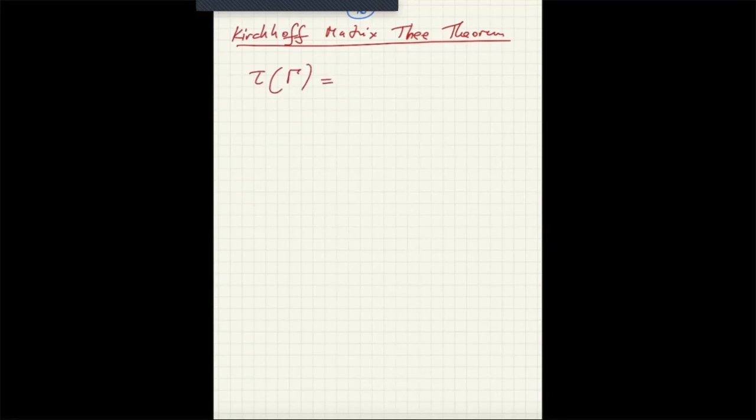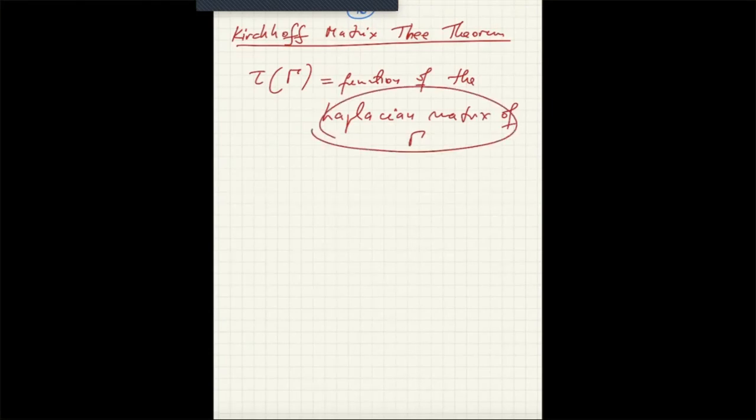Very nice formula as a function of what is called the Laplacian matrix of gamma. The Laplacian matrix of gamma will be an incidence matrix times its transpose. You will see next time that it doesn't matter which incidence matrix we pick.